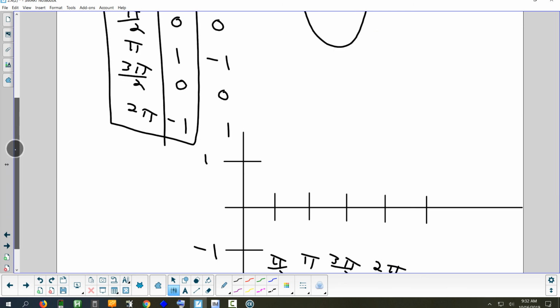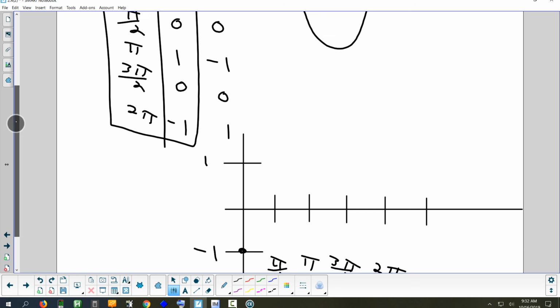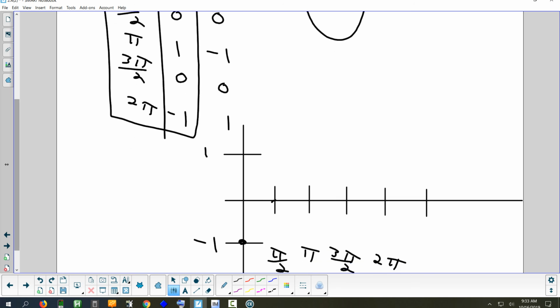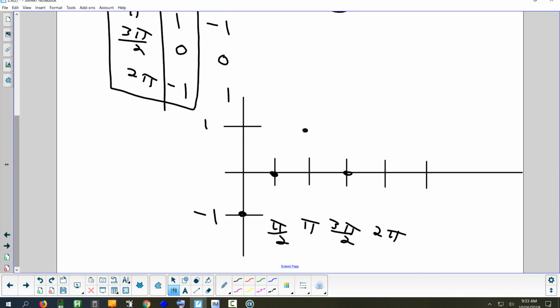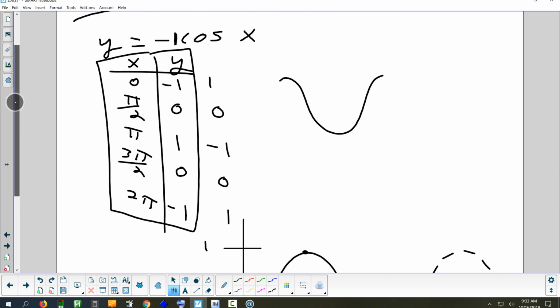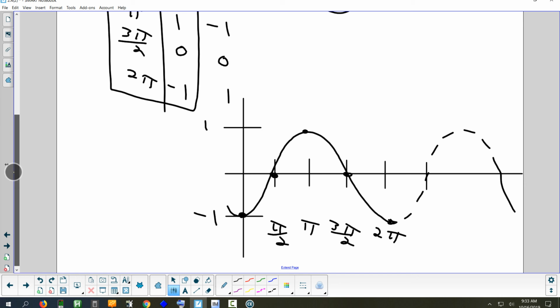And now we've got 0, negative 1. Pi over 2, we're at 0. Pi, we're at 1. Then 0, then negative 1. So it's still a wave if I kept going. Still a wave. It's just been flipped over. Okay.